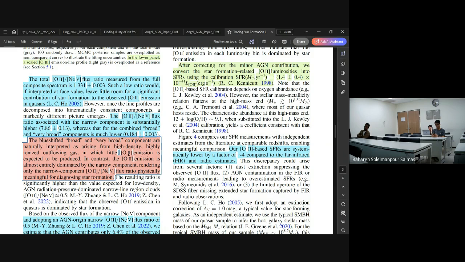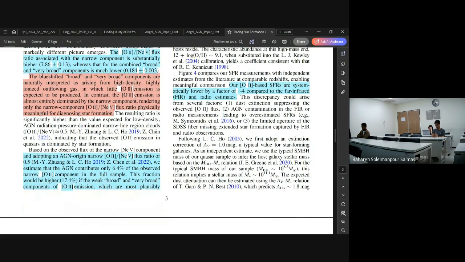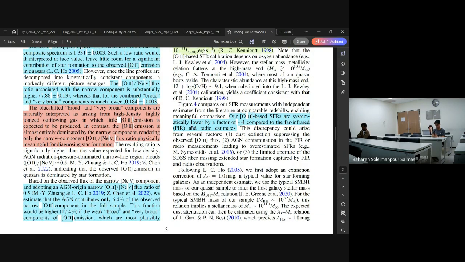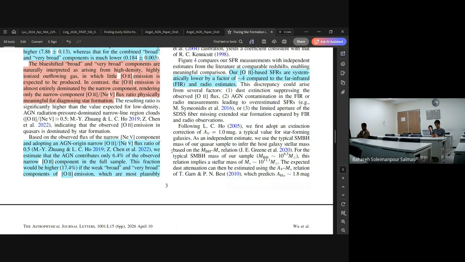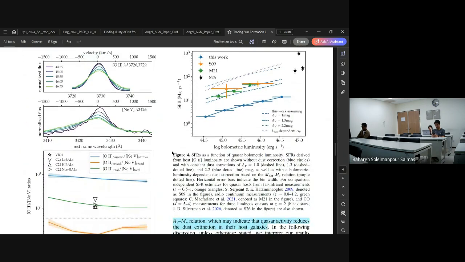When they analyzed the same flux ratios with the broad components, this ratio was a lot smaller. So this broadening is caused by the AGN. This is saying that we can get more accurate results by separating the narrow and broad components of our lines.